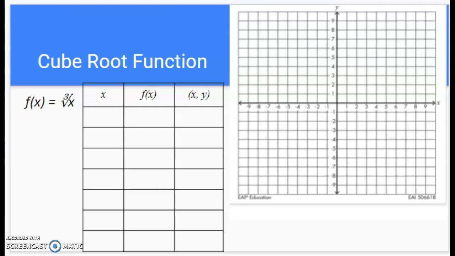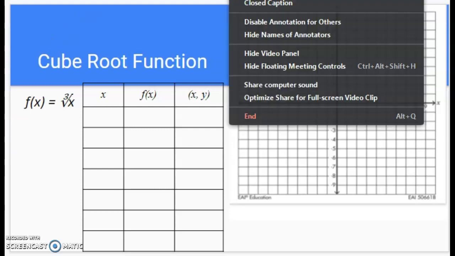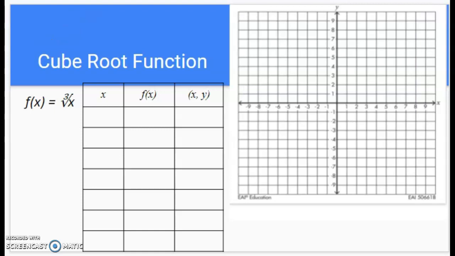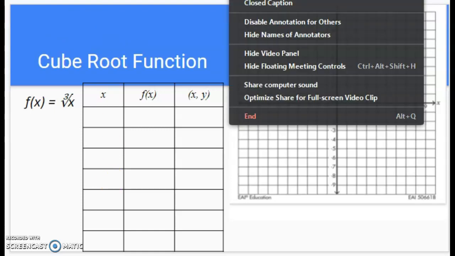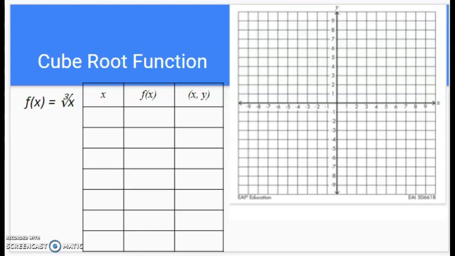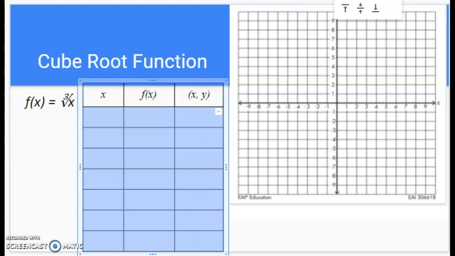We are going to deal with perfect cubes. So in terms of my values, we're going to do the following. If I use the cube root of negative 27, that would be negative 3.